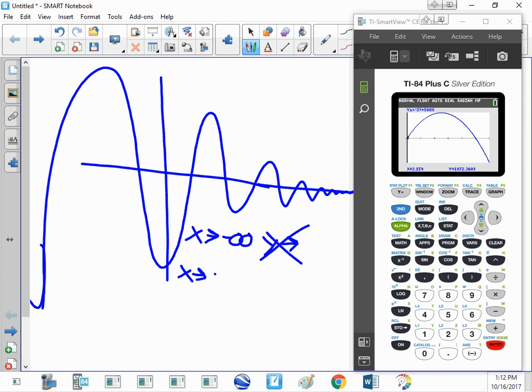But as x approaches infinity, y approaches 0. The further out I go, the closer and closer I'm going to get to 0, even though I hit 0 a whole bunch of times. I keep hitting 0 over and over, but the further to the right I go, the closer and closer I get to that y-axis. And eventually I'll be so close to the y-axis I won't be able to tell the difference. Okay? All right.